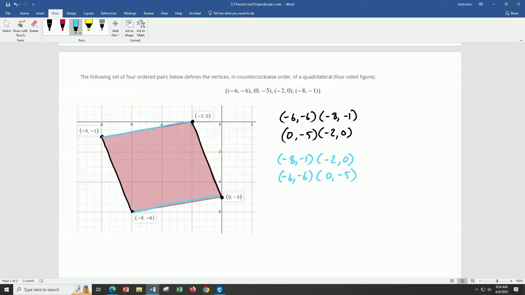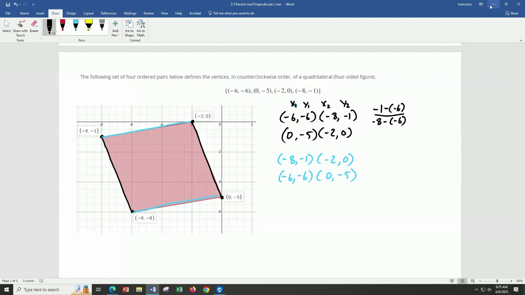Same slope, exactly. So if I started doing the math of these, notice on this first one here, I'm going to have my x1, y1, x2, y2. I get negative 1 minus negative 6 all over negative 8 minus negative 6.